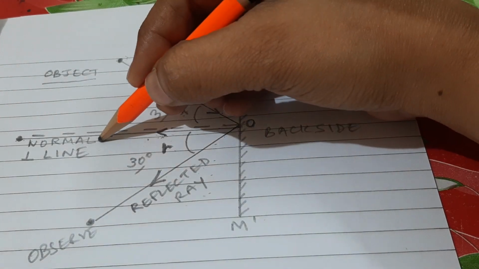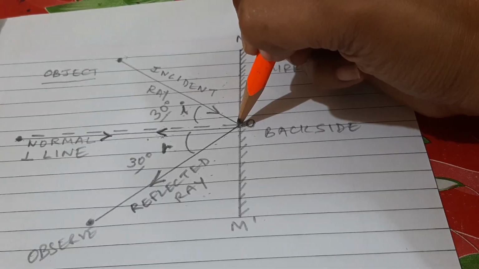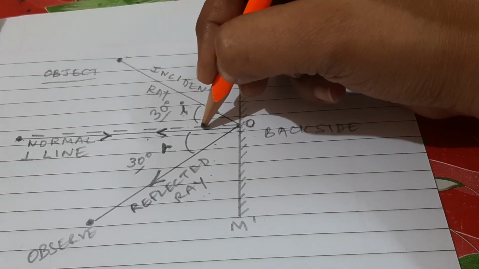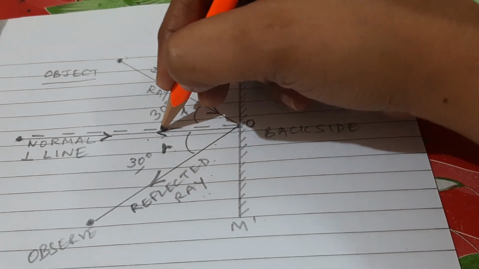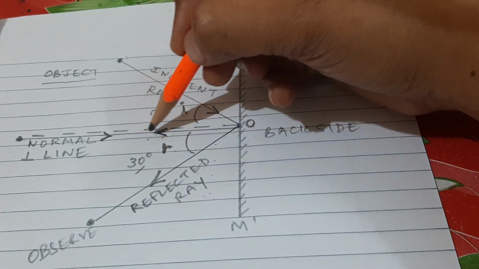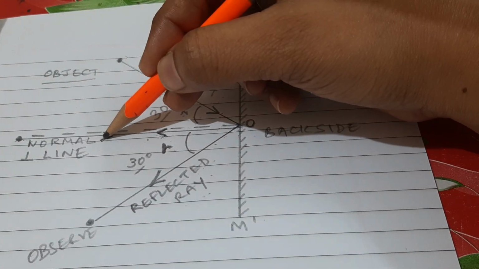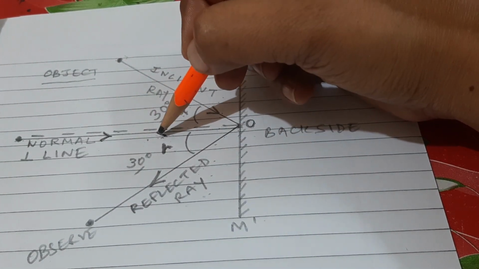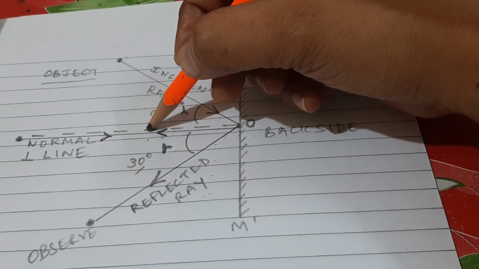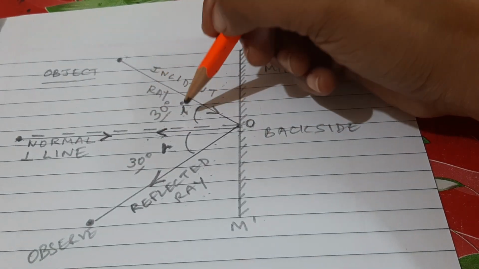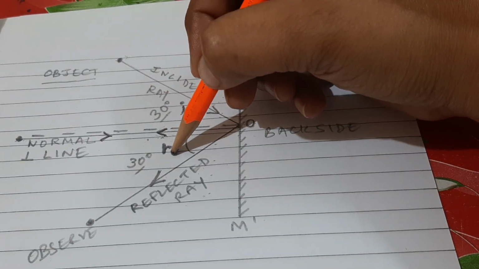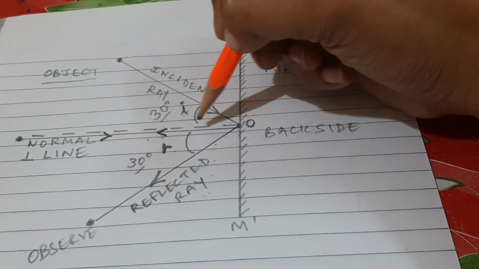That is, the incident ray is going towards the mirror, whereas the reflected ray is going away from the mirror in this case. But in this case, there is no angle formed between the incident ray and the normal and reflected ray and the normal. That's why the angle of incidence and angle of reflection in this case becomes 0.